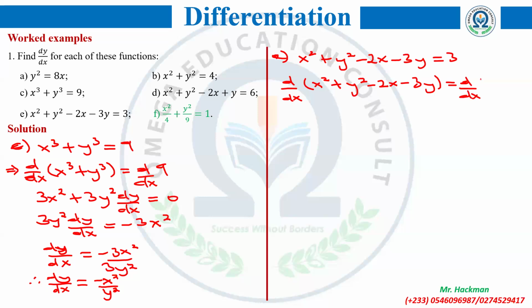Be careful: it's an equation, so whatever you do on one side, you do the same on the other side to keep the equal sign valid. So now, how many terms do we have here? 3. Are you sure? 4. Okay. All right, Prof.